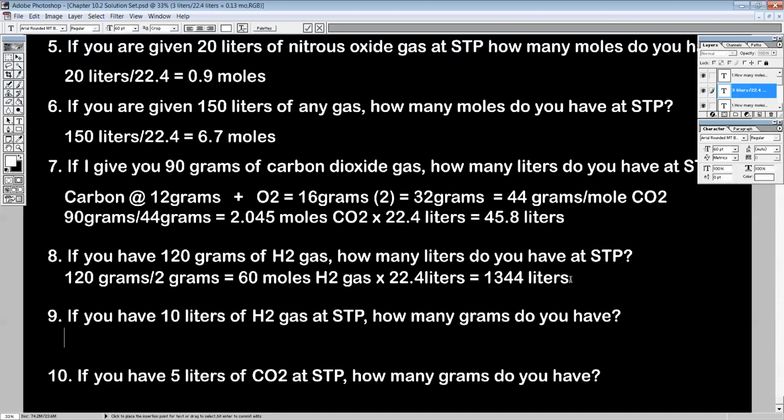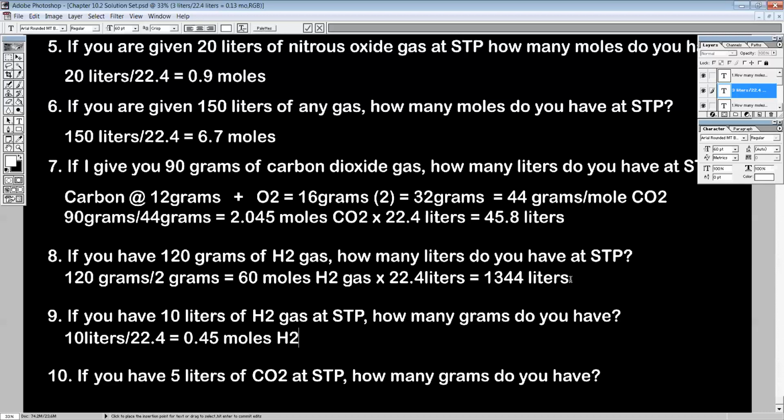And all right, now, working a different way. I've got 10 liters of H2 gas at STP. How many grams do I have? All right, so I'm giving you 10 liters. It is 22.4 liters per mole, and so that is a total of 0.45 moles of H2 gas.